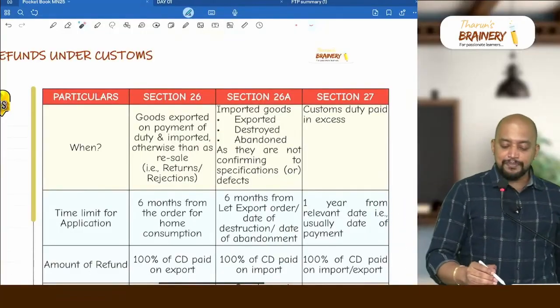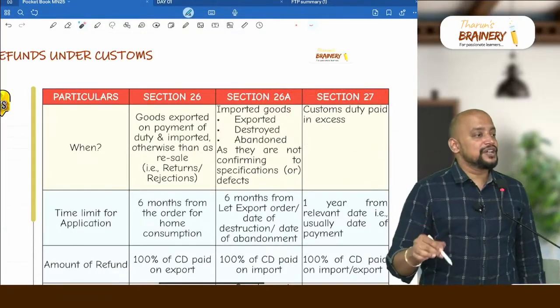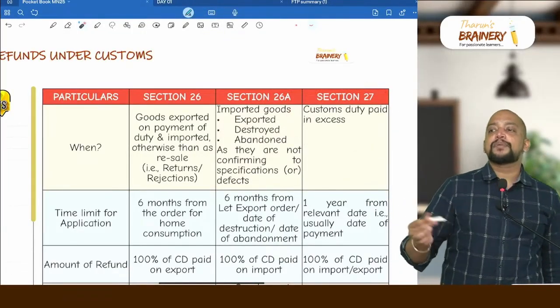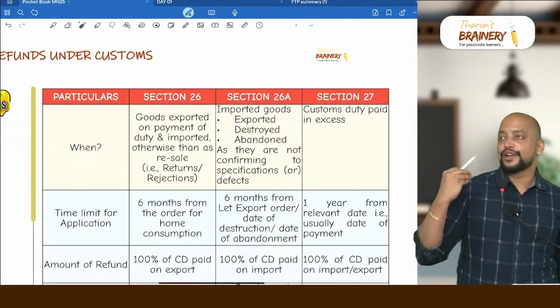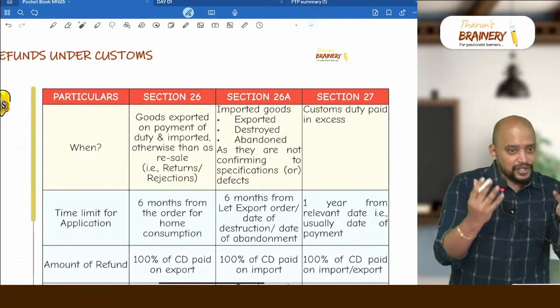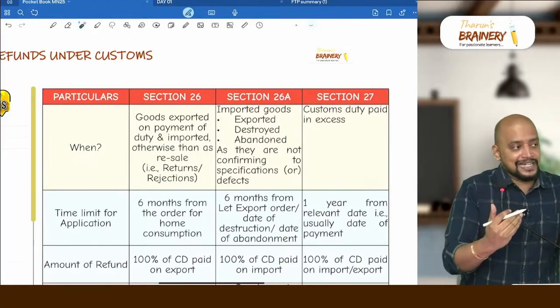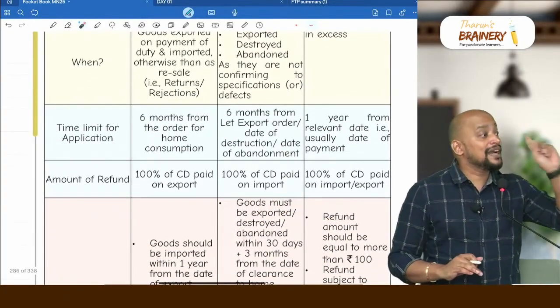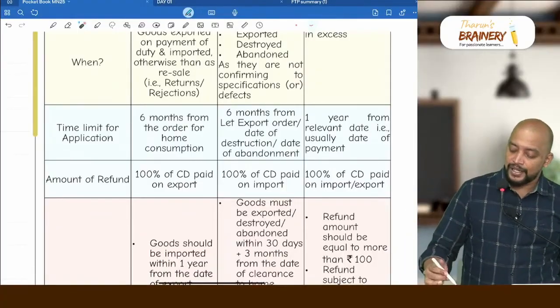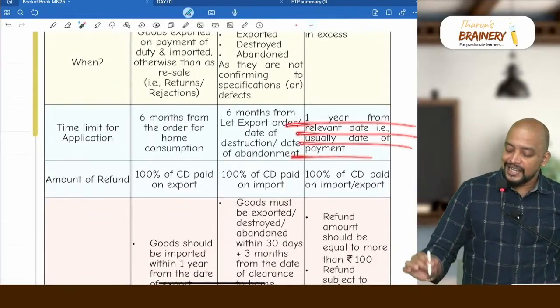So, customs duty paid in excess. In this customs duty paid in excess, including the payment of duty under protest, you know what? Usually when you pay the customs duty in excess, you have to make an application for refund within 1 year from the relevant date, usually payment.